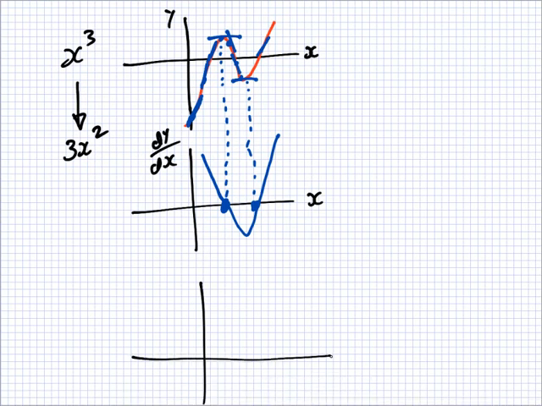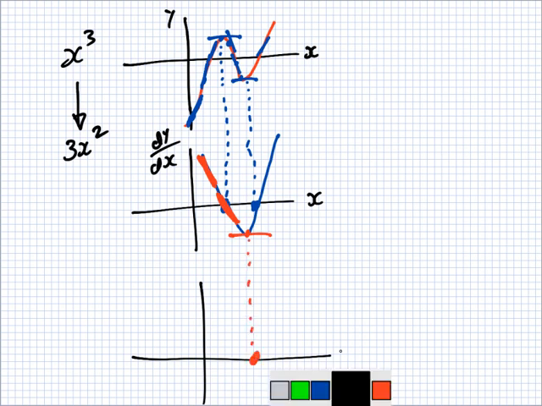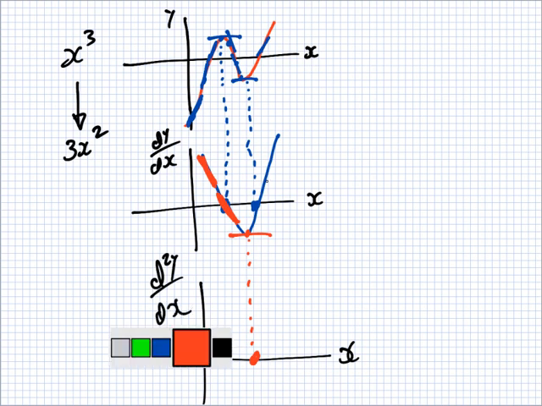So the second derivative is the derivative on this graph, which means it's the slope of the tangent on this middle graph. So what's the tangent here? Negative, negative, and here? Yeah, 0. So this point represents a 0 here. And here? And here? Positive. So it goes negative, 0, positive.